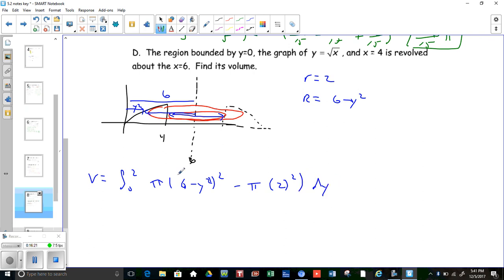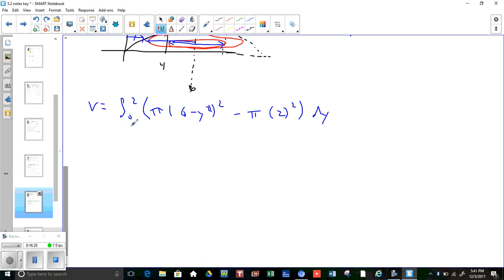All right, let's see what we get. Volume will be pi. So this we have to FOIL. So that'll be 36. Wait, 6 is just not working.